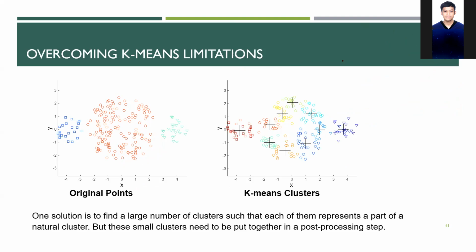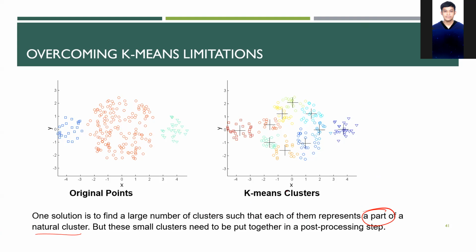Okay, so how do we overcome the k-means limitations? For example, one solution is to find a large number of clusters so that each of them represents a part of a natural cluster.